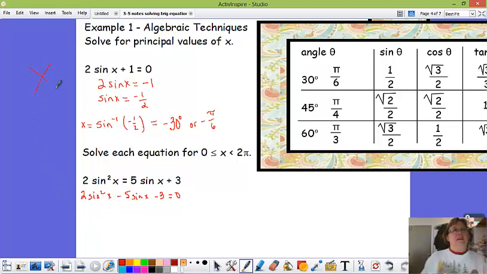So let's do our x box. We have to multiply to make 2 times negative 3, which is negative 6. We have to add to make negative 5. And I think you'll agree, negative 6 and 1 are our solutions. Now we put that into the box, where we need 2 sine squared x and negative 3.